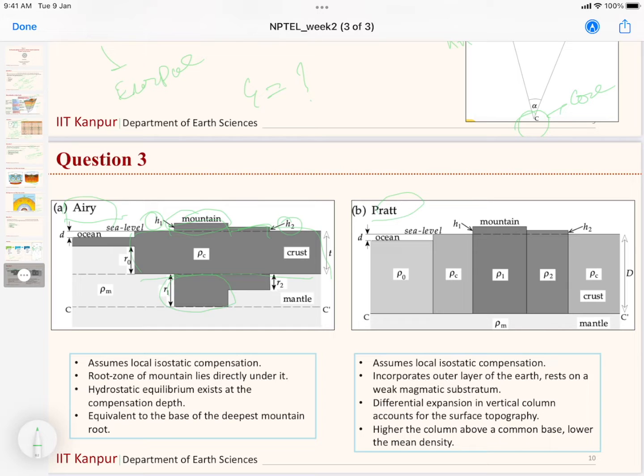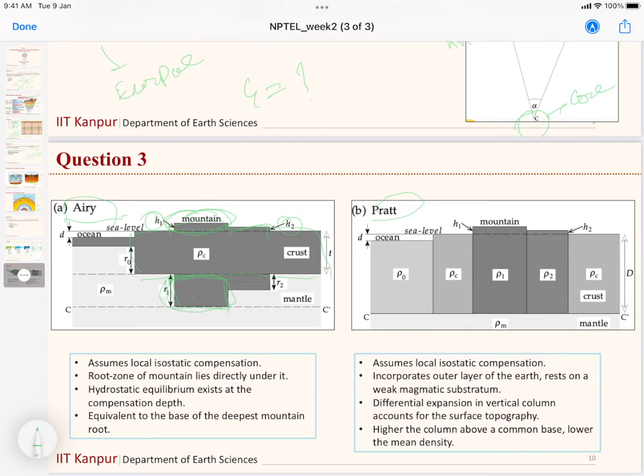So here in the earth, it tries to maintain hydrostatic equilibrium, and to maintain that it has to have an extra depth of the crust material, so it can compensate for this extra mass in the form of the mountain that is present on the surface.